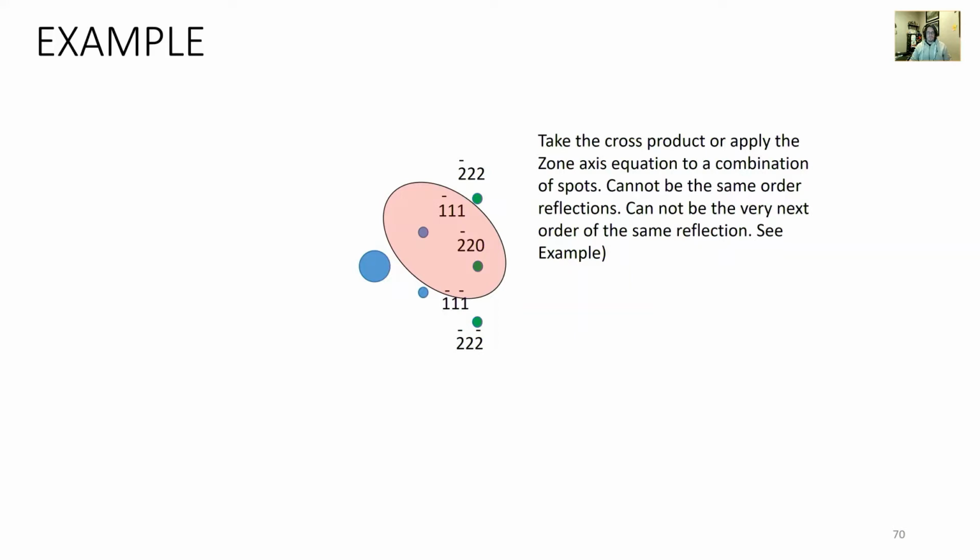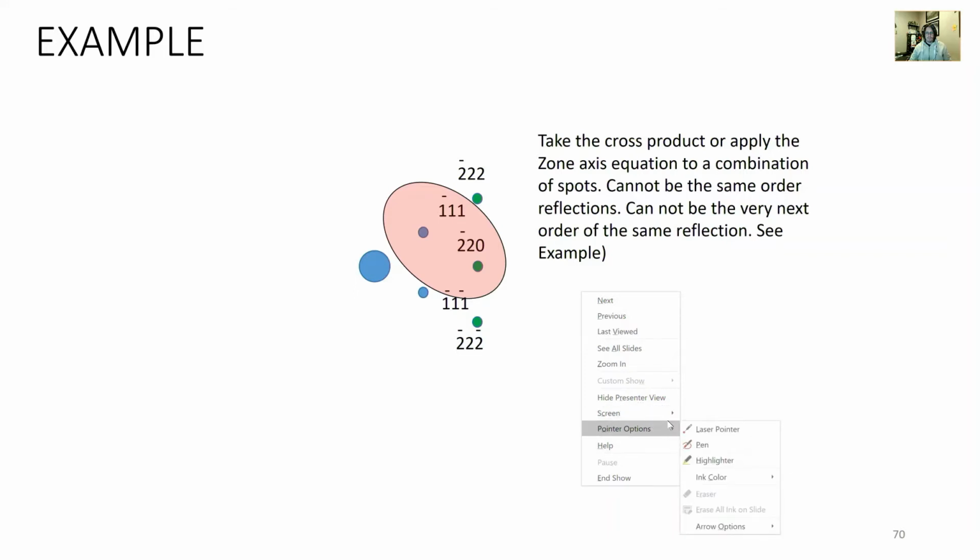All right, so we have our example, and of the spots we indexed. And so we're trying to figure out the zone axis that these spots came from. And so you can take the cross product or apply the zone axis equation to a combination of spots. And here I'm picking this one, -1, 1, 1, and -2, 2, 0. You can't use any combination of spots. There's some rules. And so you can't use the same order of reflection.